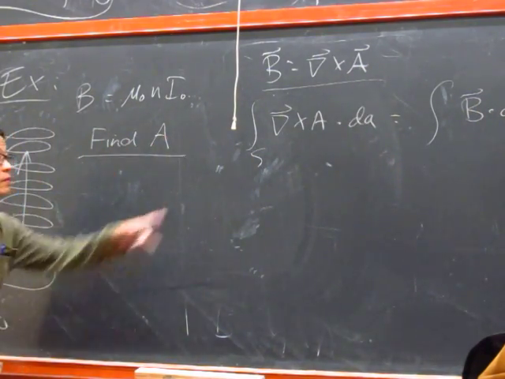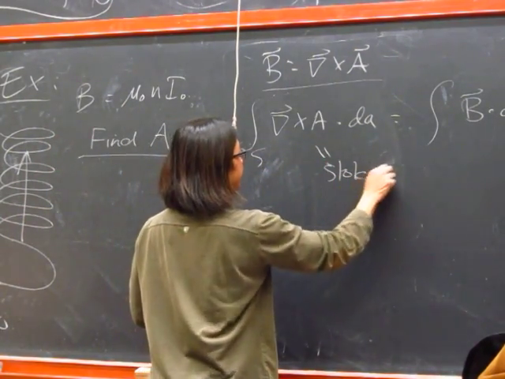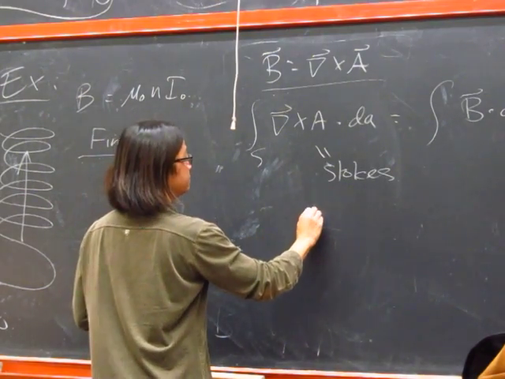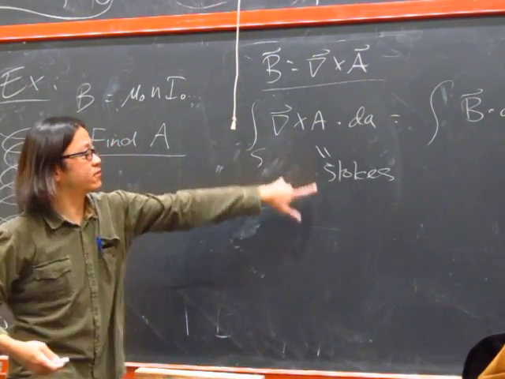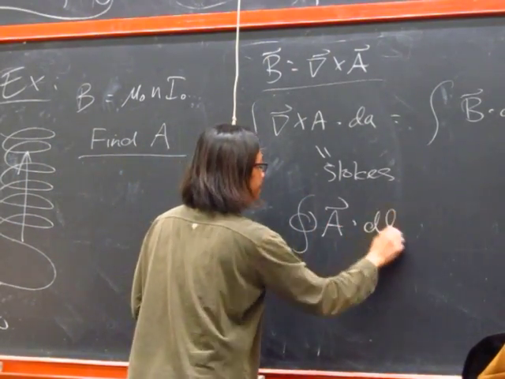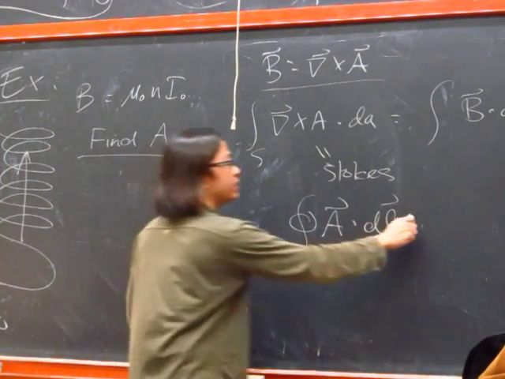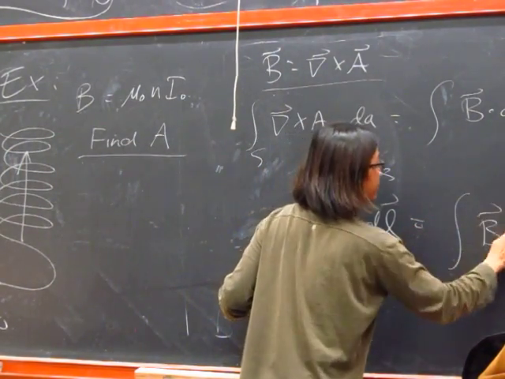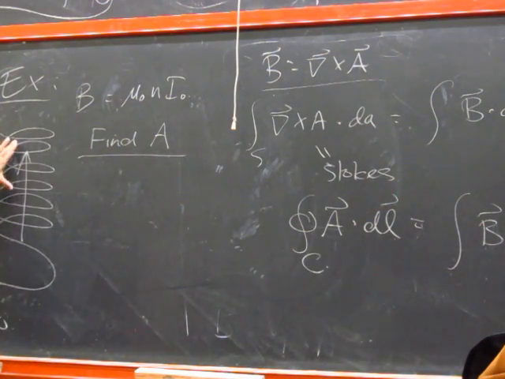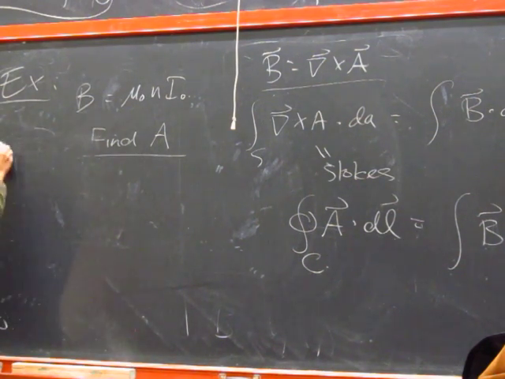But the left-hand side, by Stokes' theorem, goes from a surface integral to a line integral, and has to be equal to the flux of B. So in particular, for the solenoid, let me redraw it as just a cylinder.